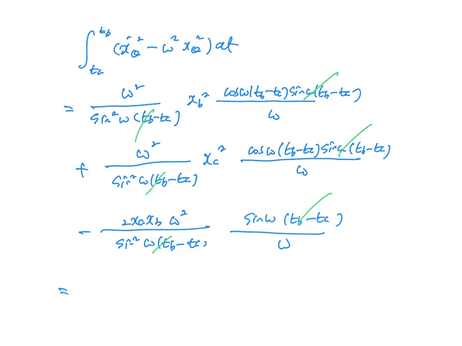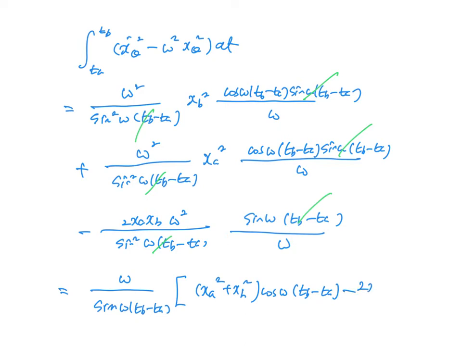So it becomes omega over sine omega (tb minus ta) times [xa square plus xb square] cosine omega (tb minus ta) minus 2 xa xb.